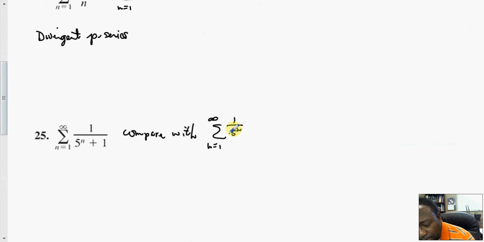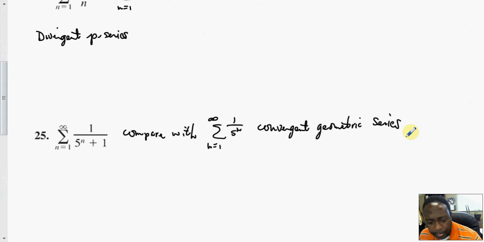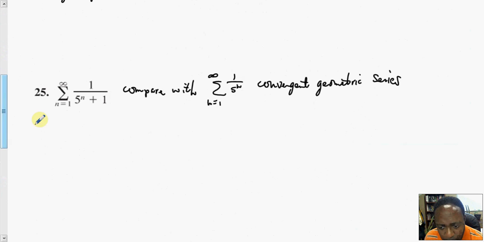Well, we know here that if you look at this summation, as n goes from 0 to infinity, this is a geometric series and it is convergent. So I still use that claim here. If that be the case, then notice that 5 to the n plus 1 is greater than 5 to the n.